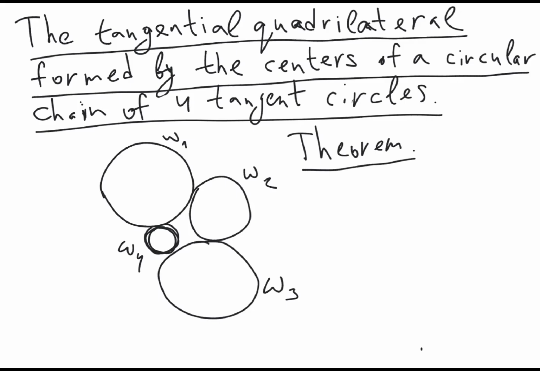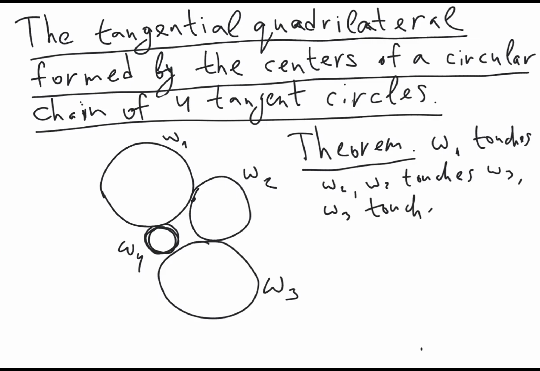So if we have that omega 1 touches omega 2, omega 2 touches omega 3, then omega 3 touches omega 4, and omega 4 touches omega 1.